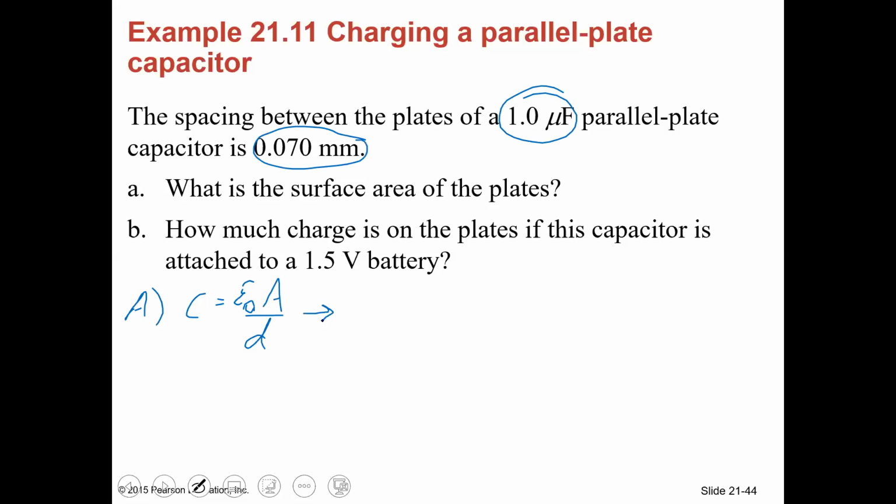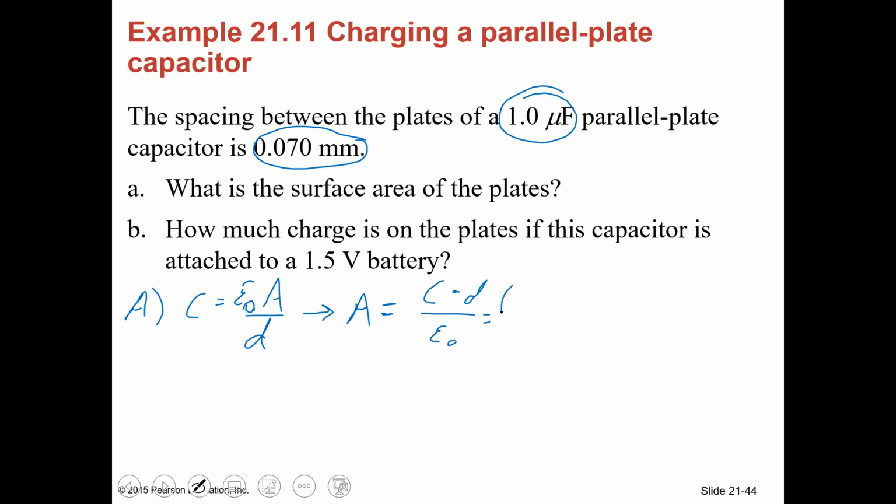Pretty easy, all I want to do is get used to these equations. I could rearrange the equation and solve for A, the surface area. So A equals C times D over epsilon 0.